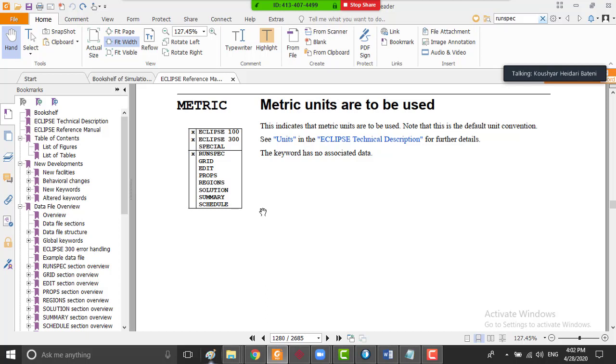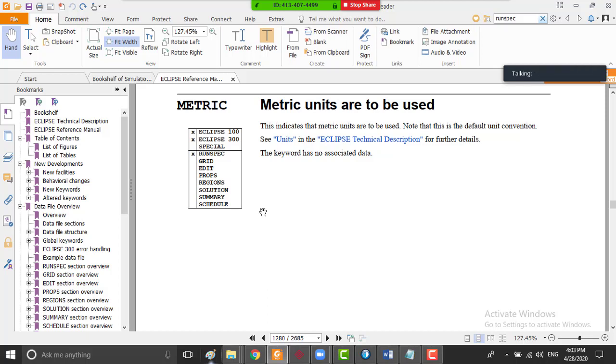Here I've told you to convert the field units to metric units because that is a good exercise. But in real life, real engineering life, you are rarely going to use the metric system.